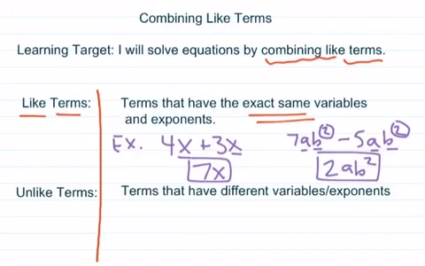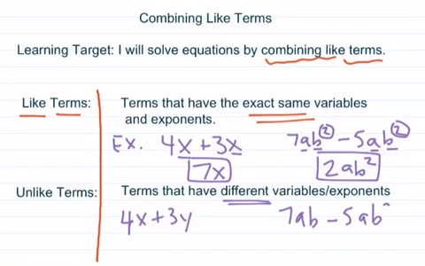Now, unlike terms are terms that have different variables or exponents. For example, if you had 4x plus 3y, this expression is simplified because you cannot combine these two terms. One has an x as a variable, the other has the y. Same thing would be true if you had 7ab minus 5ab squared.